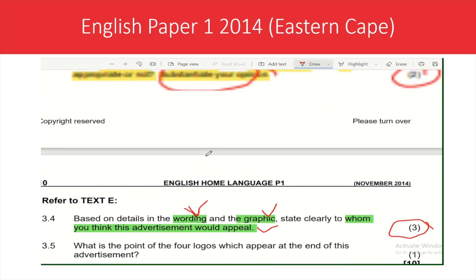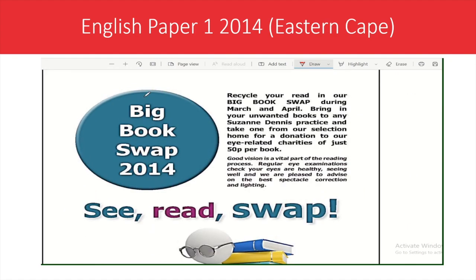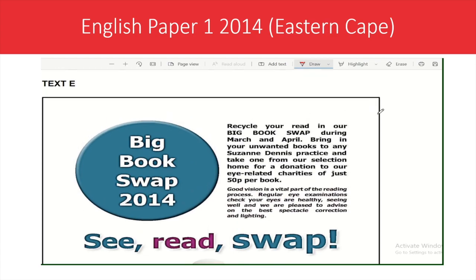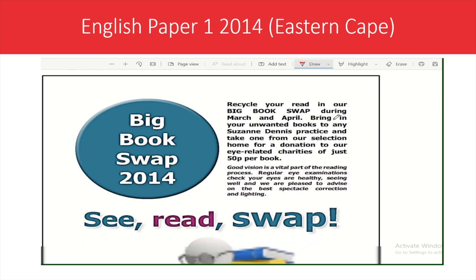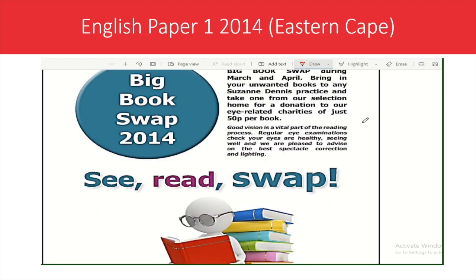So let's have a look at text E. So text E is Big Book Swap 2014. Recycle your read in our Big Book Swap during March and April. Bring in your unwanted books to any Suzanne Dennis practice and take one from our selection home for a donation to our eye-related charities, or just 50p per book.